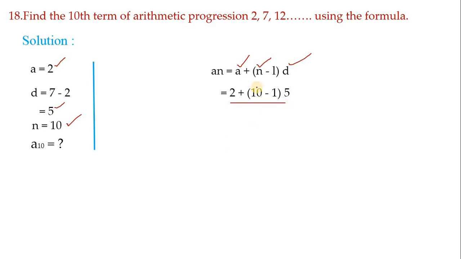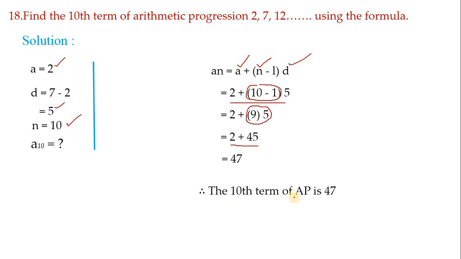Like this. Now we'll solve this. 10 minus 1 is 9. Now let us multiply these two. 9 fives are 45. 2 plus 45 is 47. Therefore, the 10th term of the AP is 47.